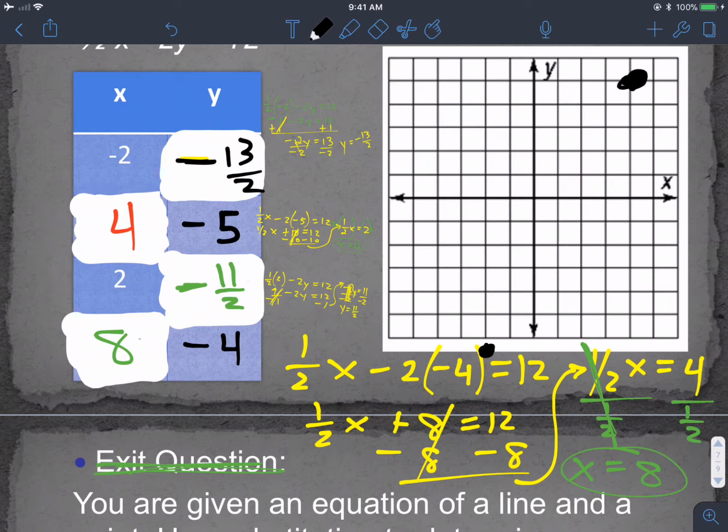Oh, I know what I did. 2, negative 5.5. 1, 2, 3, 4. Right there, I made a mistake, you see? So you see how that points off? Like 4, negative 5, I should have gone right 4, but down.